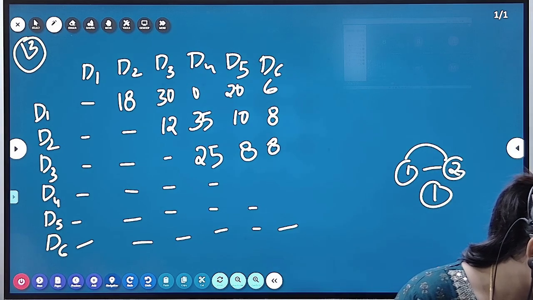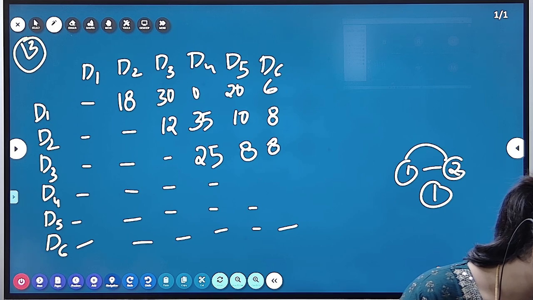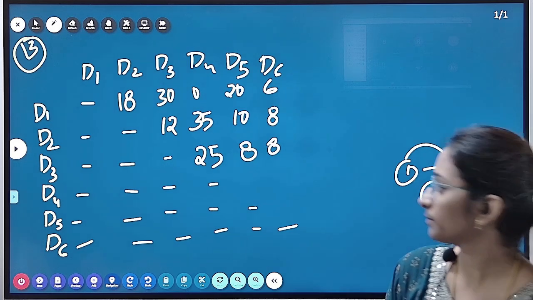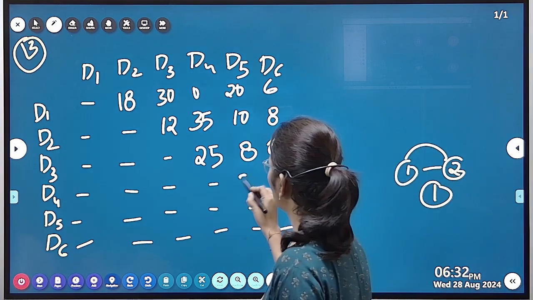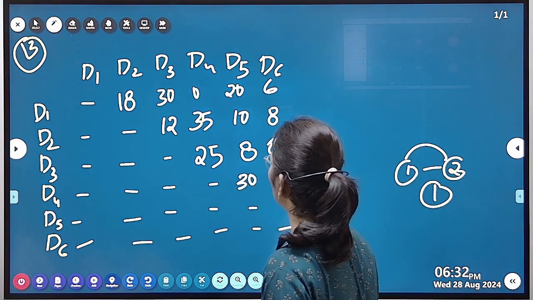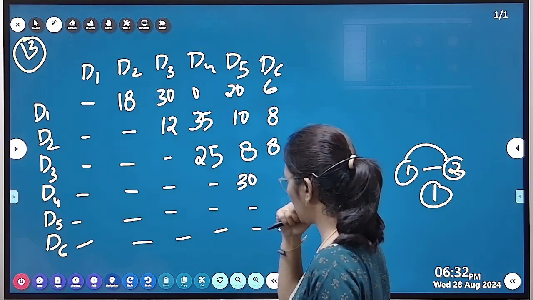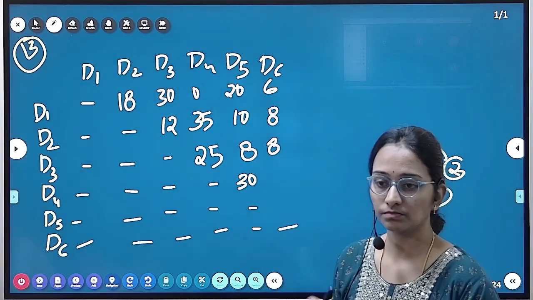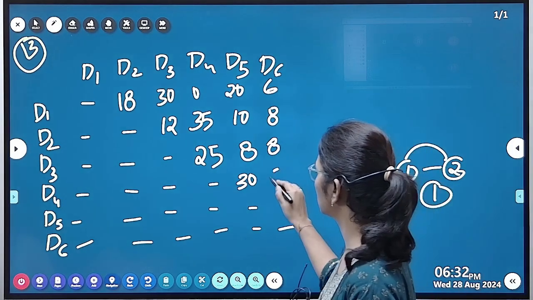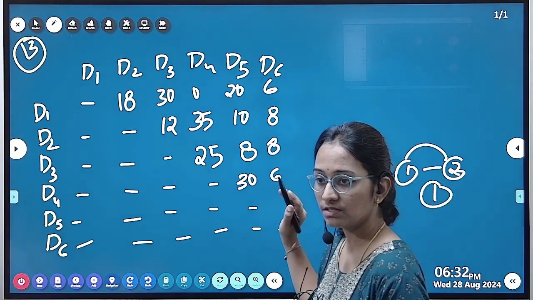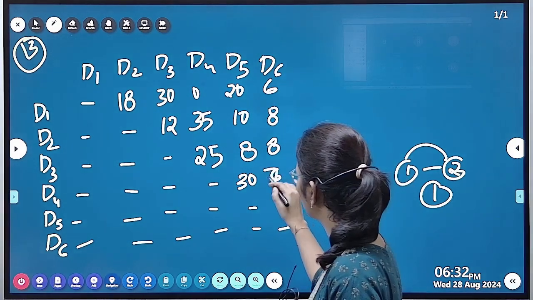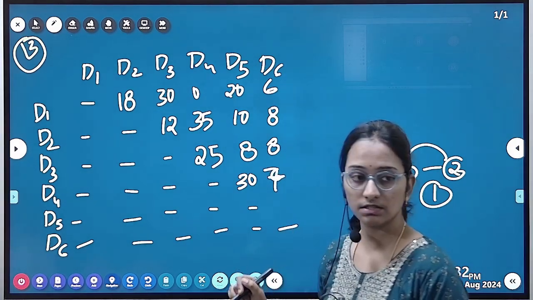D4 to D5, 10, and D5 to D4, 10, so 30. Yes, it's 30. Next, D4 to D6, 6, 7, 6 or 7? 7, okay.